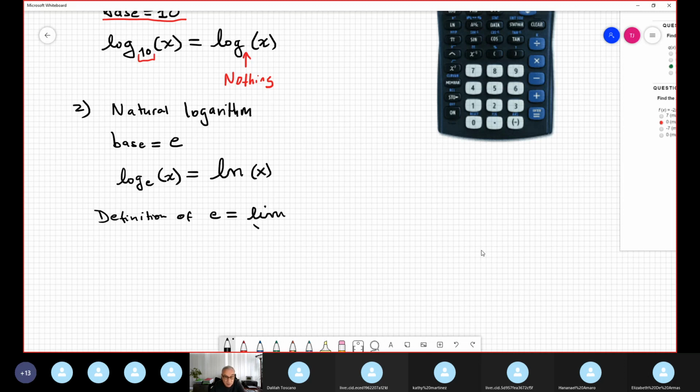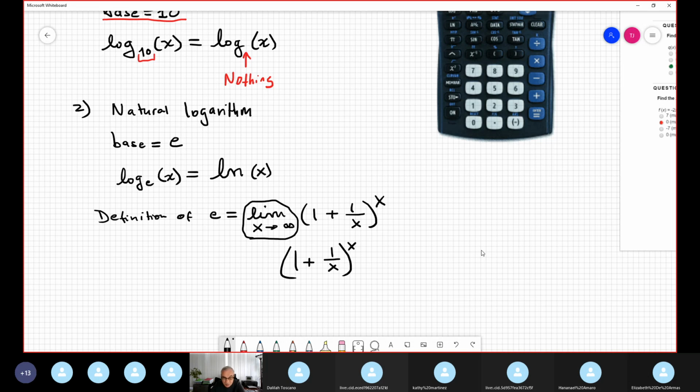E is equal to the limit when x approaches infinity of the expression 1 plus 1 over x, raised to the x power. So basically it's one expression like that, 1 plus 1 over x raised to the x power. And this operator indicates that you try to evaluate it at a huge number.